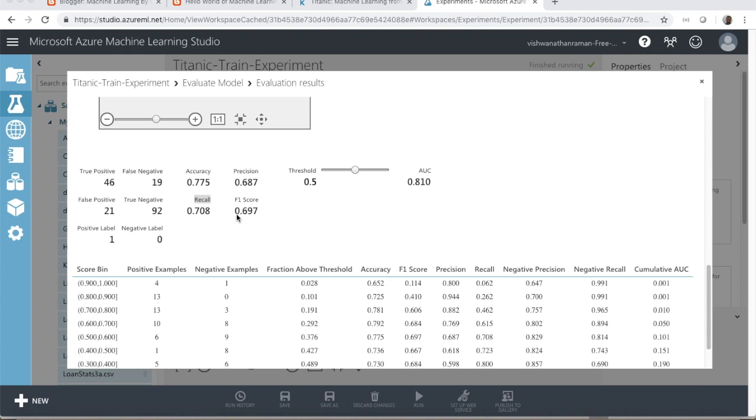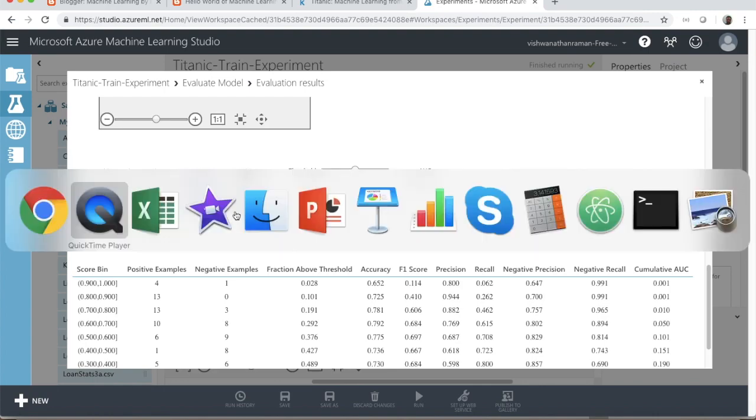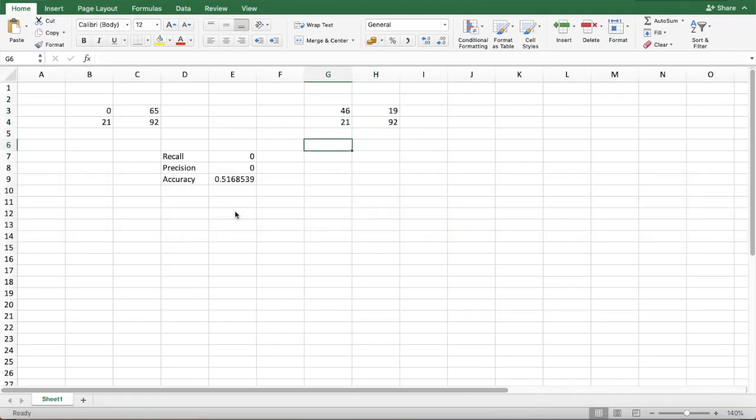The final metric that I would like to illustrate is F1 score. And typically this is the metric that you will look at for evaluating the performance of the model. Now F1 score comes to a calculation of 0.697. Let's see how it is calculated.